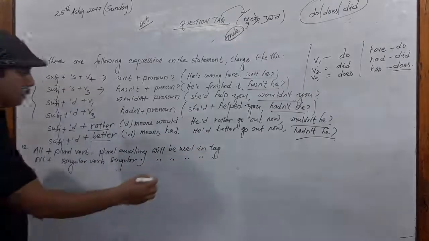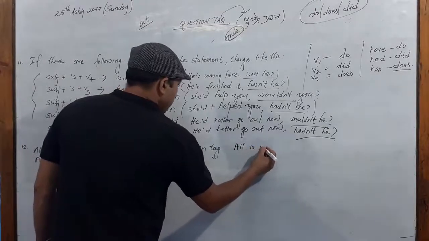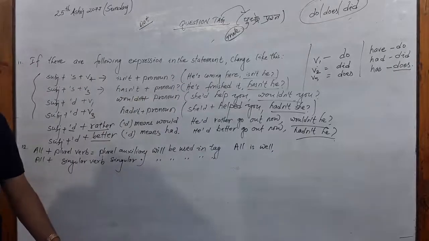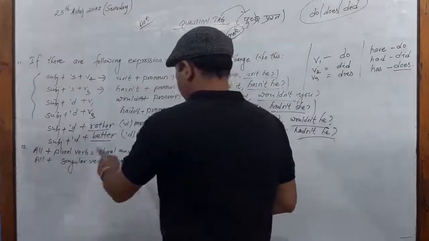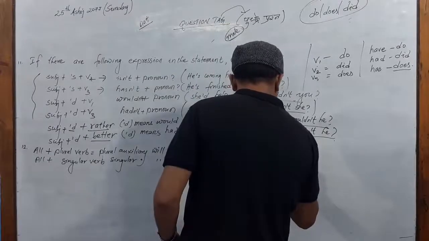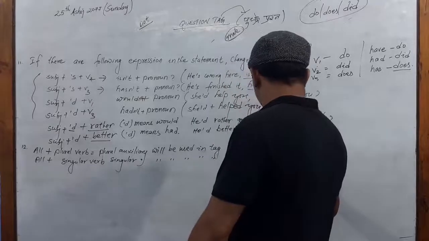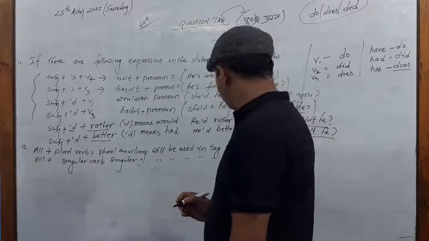For example, look at here. All is well. If it is there, all is well, then all means it here.